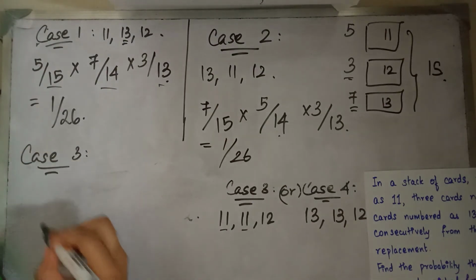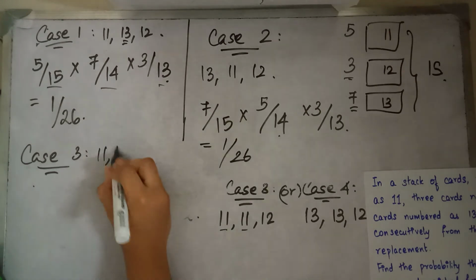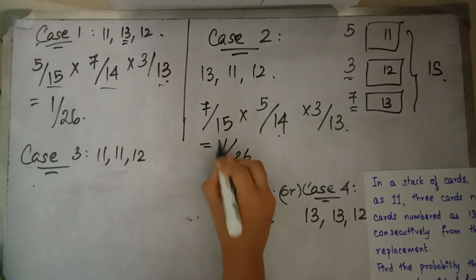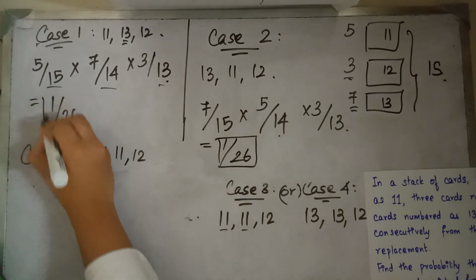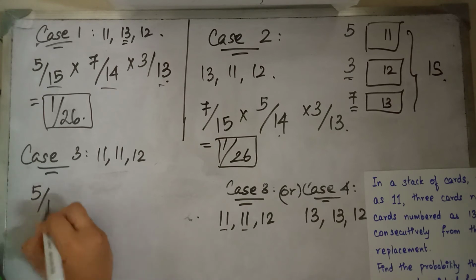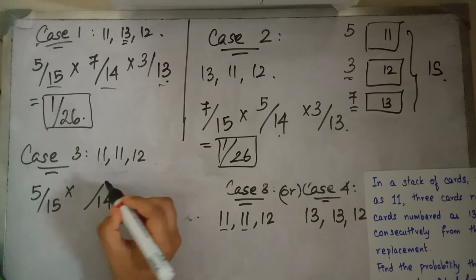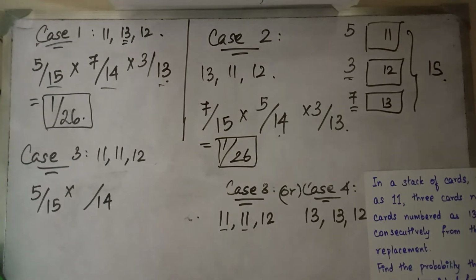Case 3 will give me 11, 11, 12, right? Probability of me getting 11 would be 5 by 15. 11 again would be. Now here's the difficult part. One card of 11 is already taken out.